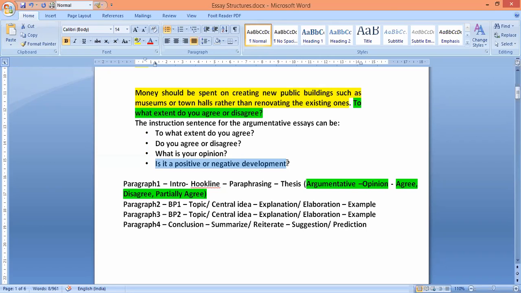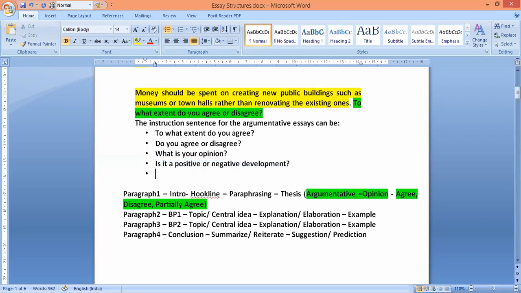Yesterday, my student asked this question: can it be a part of argumentative, discuss both the positives and negatives of this statement? Do you think it can be the part of argumentative? It's a kind of both sides.